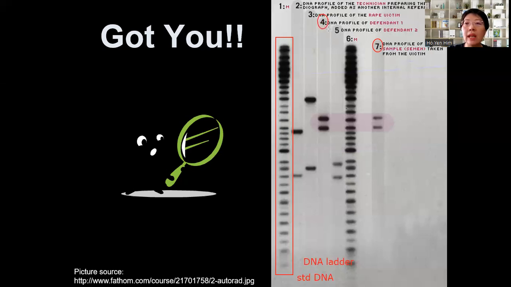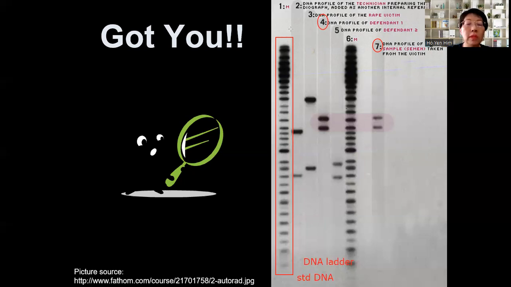This one is the DNA profile from defendant number 1. Not from the crime scene, actually from the victim. This semen is obtained from the victim who was raped. This DNA profile matches the DNA profile of number 4, so obviously this semen comes from defendant number 1.